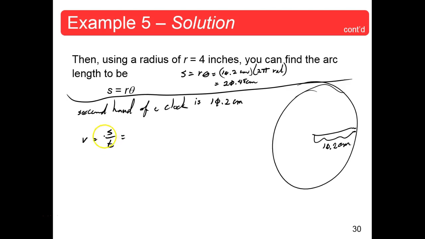So here we have v is equal to s, which is 20.4 pi centimeters divided by 60 seconds, right? That's how far it traveled one time around, and it took 60 seconds to get there. Or you could have put 1 minute if you wanted to. That would have worked too, but I think they give their answer in so many per second.